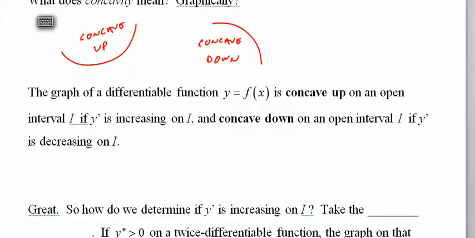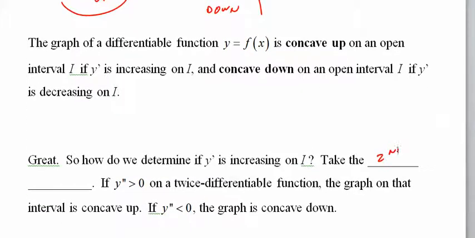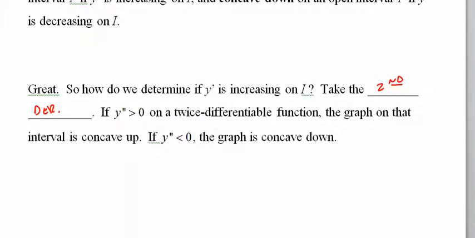That's what we talk about down here. And if the second derivative is greater than 0, making sure everything is differentiable twice, then concave up. Second derivative is less than 0, concave down.